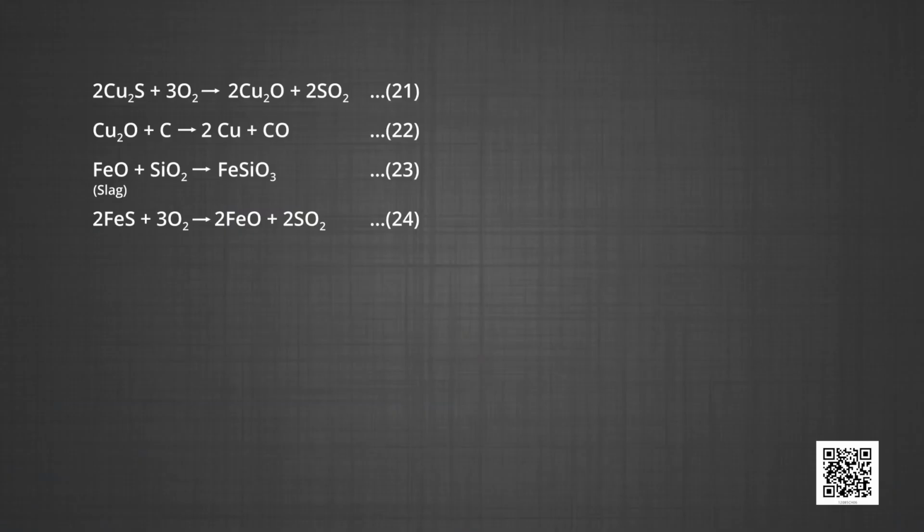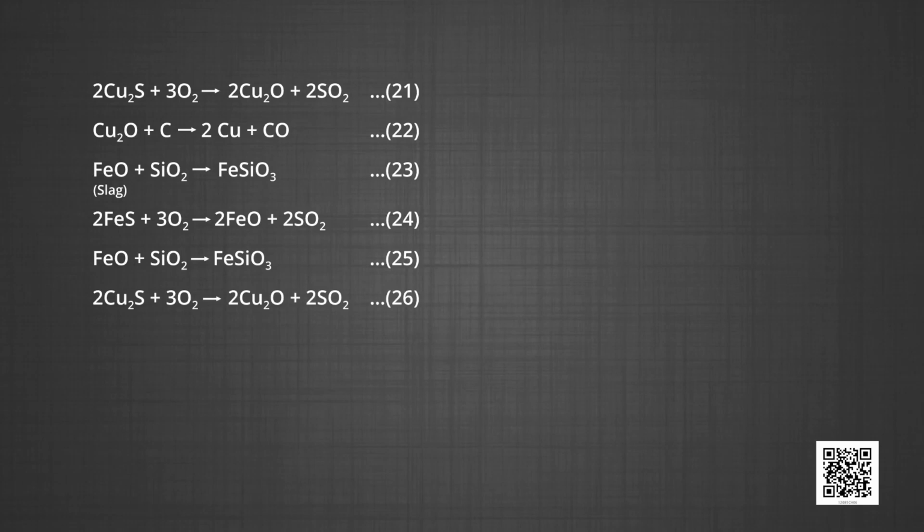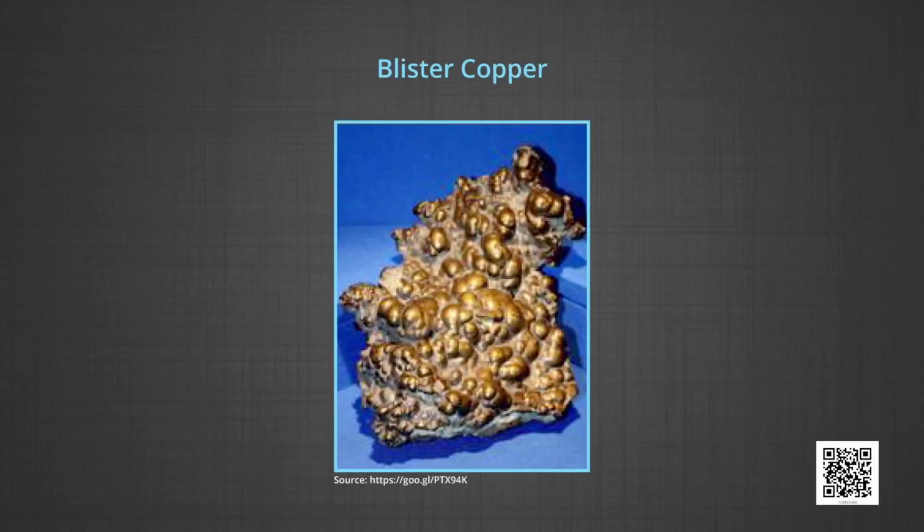Iron sulphide plus oxygen giving iron oxide and sulfur dioxide, iron oxide plus silica giving iron silicate, copper sulphide plus oxygen giving cuprous oxide and sulfur dioxide, cuprous oxide plus cuprous sulphide giving copper and sulfur dioxide. The solidified copper obtained has blister-like appearances due to the evolution of sulfur dioxide, as we saw in the reaction, and so it is called blister copper.